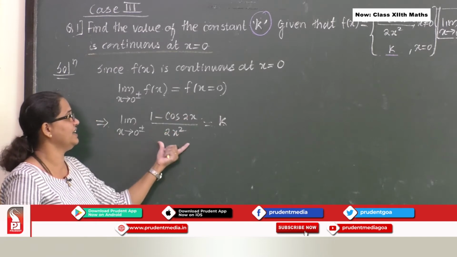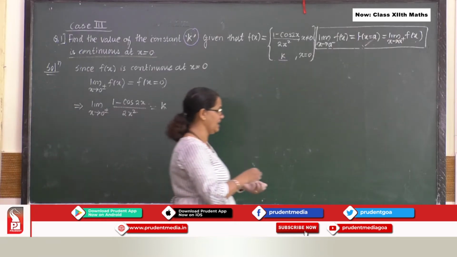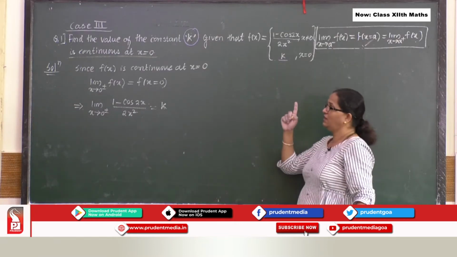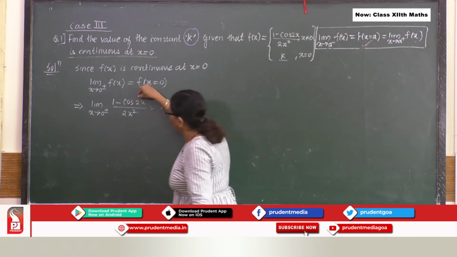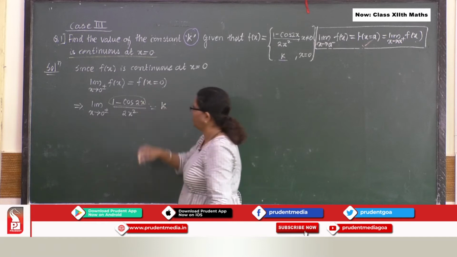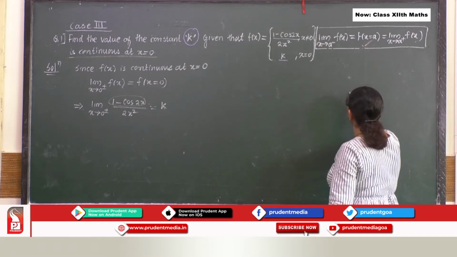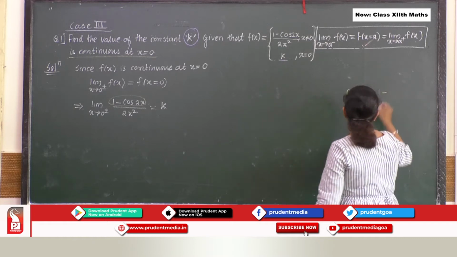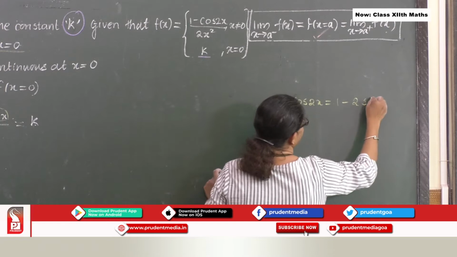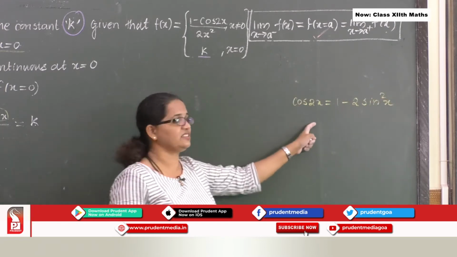You can see it is a trigonometric function, so we are finding the limit of a trigonometric function. Now over here, look at this particular formula, which is familiar to you all. You know cos of 2x is equal to 1 minus 2 times sine square of x. This is the actual formula.